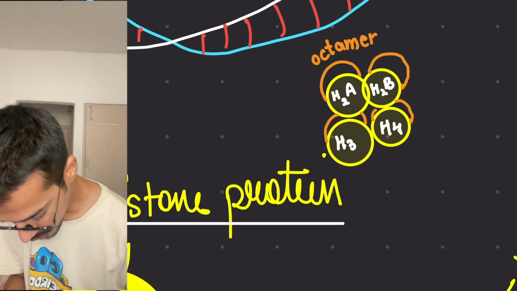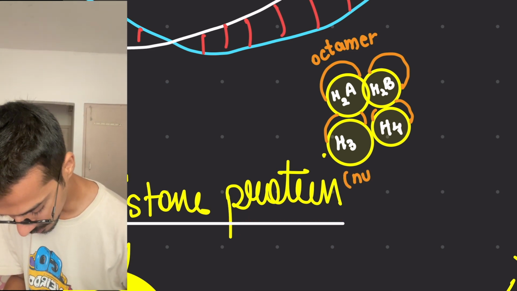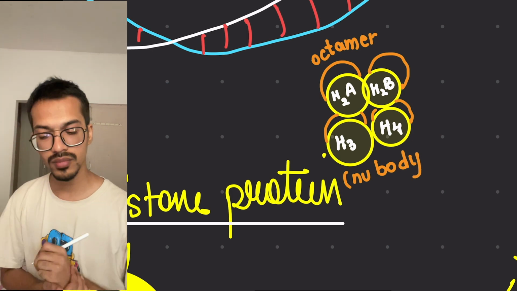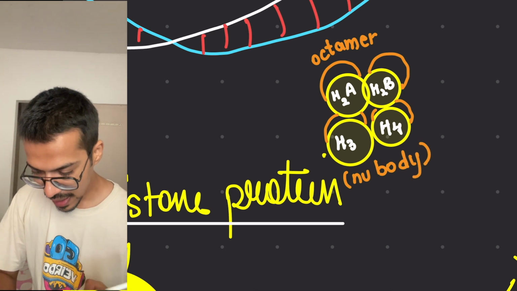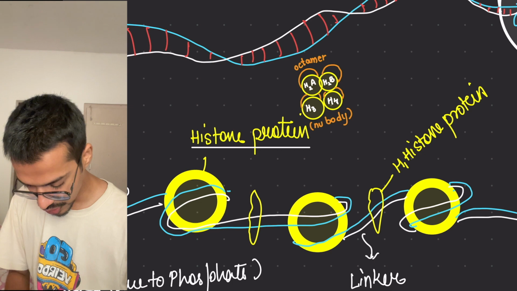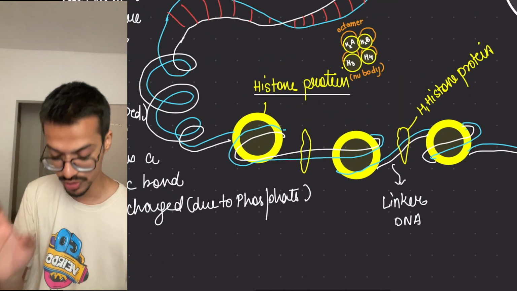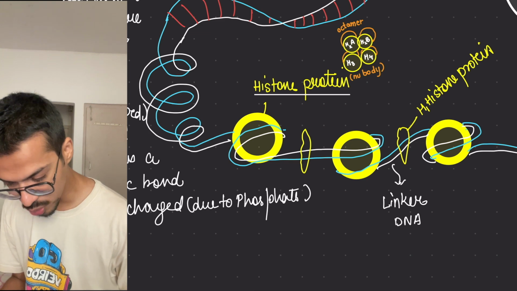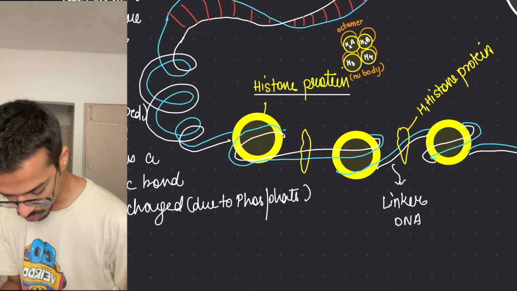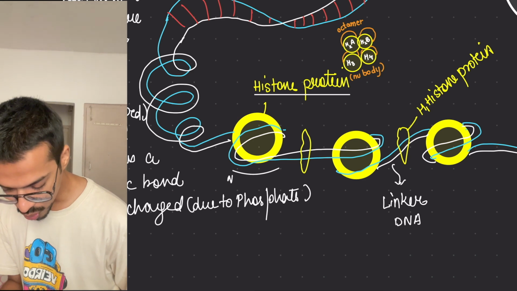Now this structure is called a new body. Okay, you will remember it. And these terminologies are very important. This one histone octamer with DNA, this structure, is called a nucleosome.